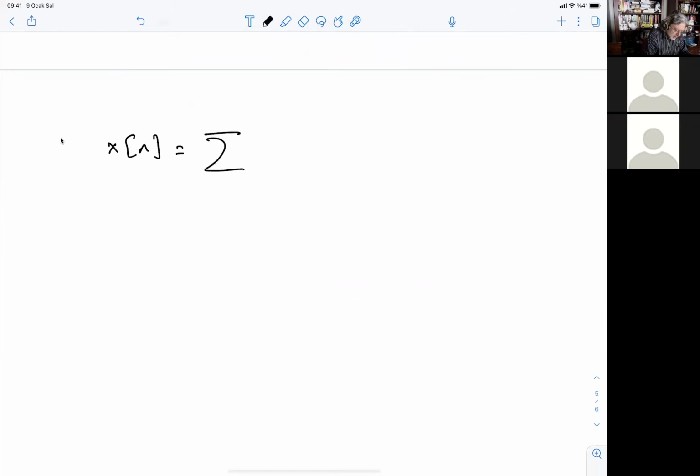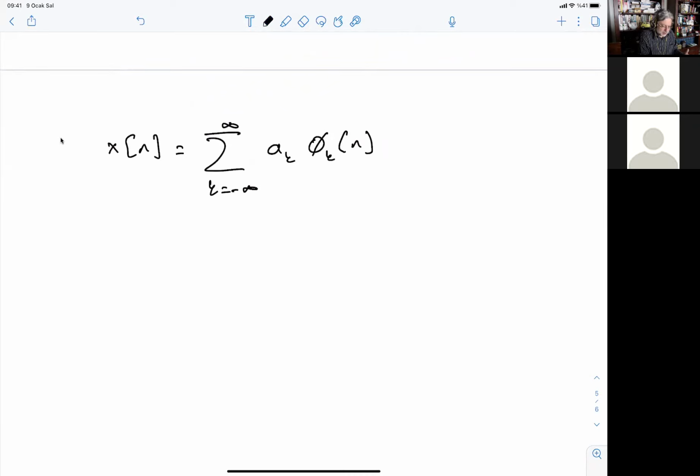If we have this kind of a representation, sum over k from minus infinity to infinity, the range of k may vary, it may be finite, of a_k, and here we have phi_k[n].